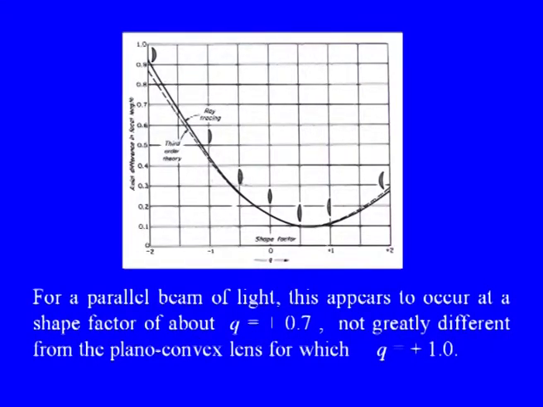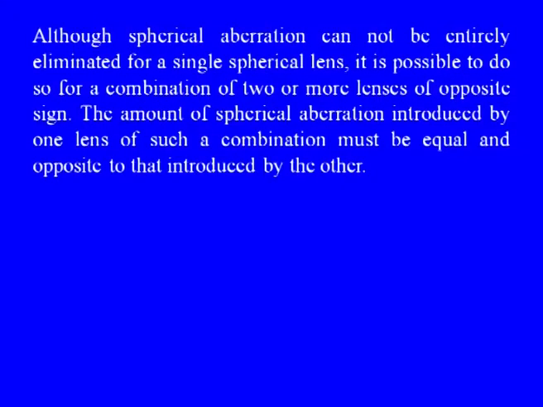The reason basically is that the total deviation caused by the lens is almost equally shared by the two surfaces. Now, although the spherical aberration cannot be entirely eliminated for a single spherical lens, it is possible to do so for a combination of two or more lenses of opposite sign.